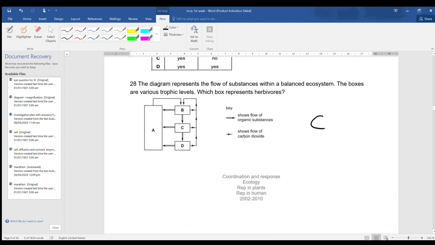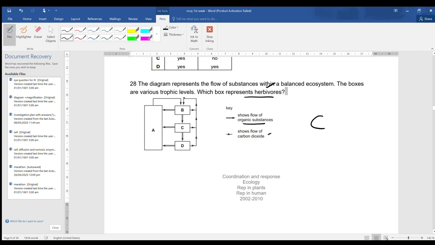Now, question number 28. The diagram represents the flow of substance within a balanced ecosystem. The boxes are various trophic levels. This is again the same type of question. Which box represents herbivore? Now, double arrows show flow of organic substance and single arrow is showing flow of carbon dioxide. So let's see where the carbon dioxide is gaining entry.